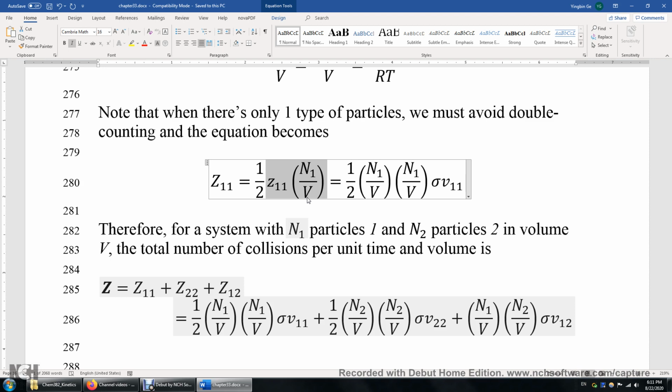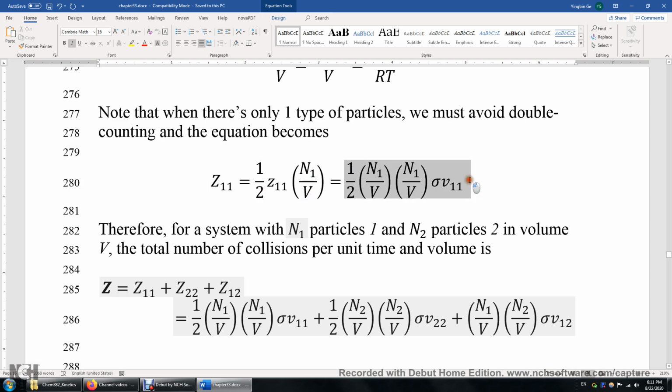It may collide with A. Therefore, we double counted the collision between A and B. That's why we need to put this 1/2 here to make the correction. So this uppercase Z11 is only 50% of this lowercase z11 times N1 over V.